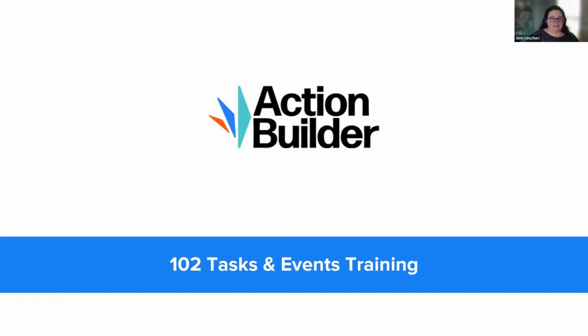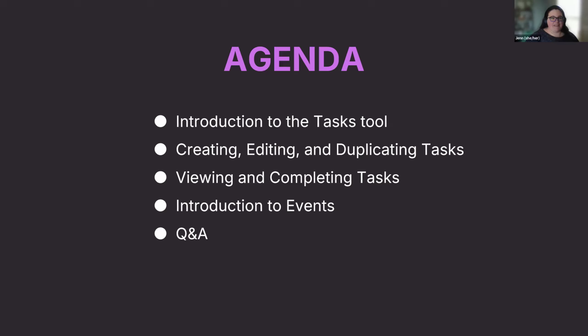So let's see, got a lot of windows open here. So our agenda today, first, we're going to talk about the tasks tool. What is it? How can you use it? What's the goal? Then we'll talk about creating, editing, and duplicating tasks, how your activists and organizers will view and complete tasks, and then events, which is slightly different, has a few extra bells and whistles, but works very similar to the tasks process and helps you with turnout for events.